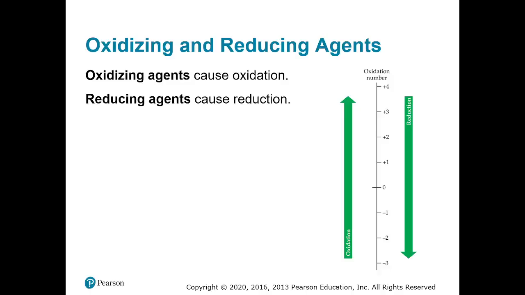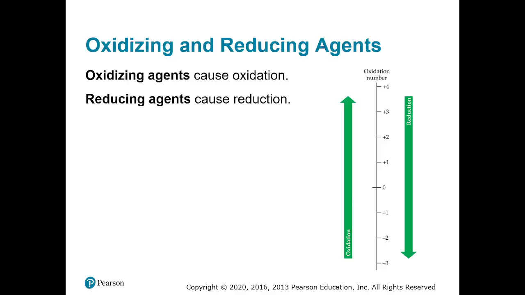Whatever it's with is the thing that gets oxidized. And so the oxidizing agent itself is the one that actually gets reduced. It's the one that takes the electrons from something. And so oxidizing agents take electrons away from something. Reducing agents, on the other hand, give electrons to things.